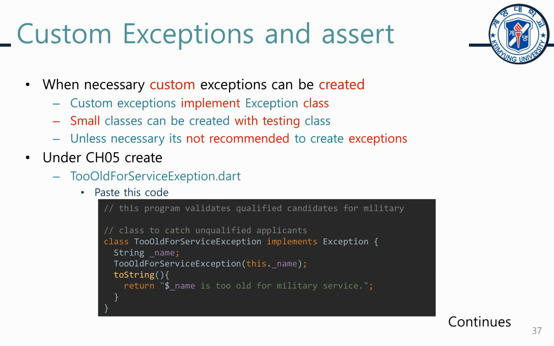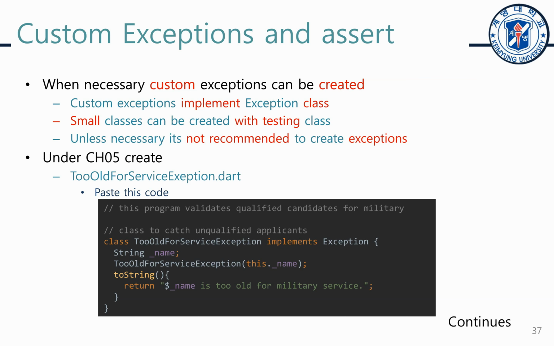Okay, so what happens if there is no exception that is designed to handle some situation? We said there is IO exception, there is a division by 0 exception, there is some string format exception. Most exceptions are included in Dart.